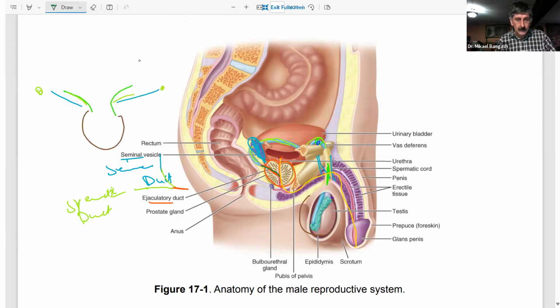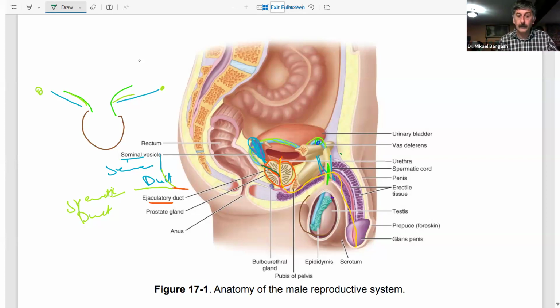But guys, don't worry. Ideally, sperm and urine will not be able to flow together, because sperm should only get out here once the penis is erect, and it's practically impossible to pee with an erect penis.